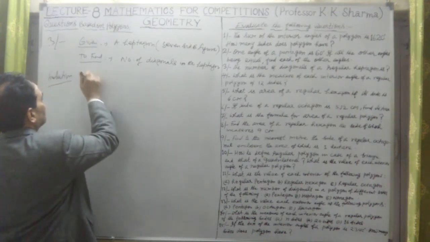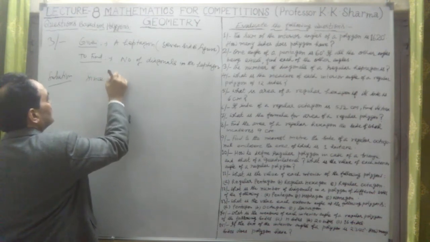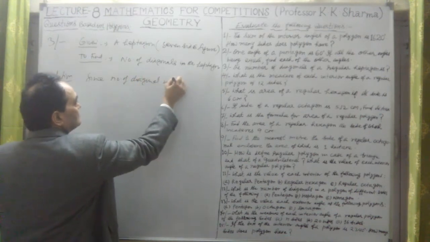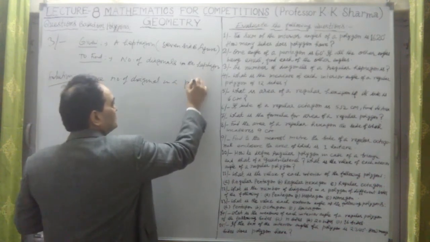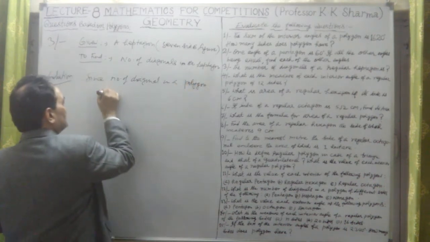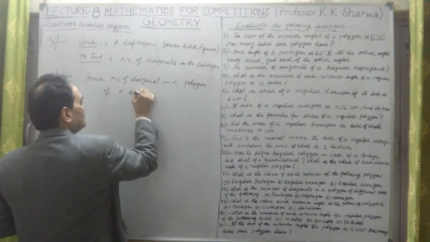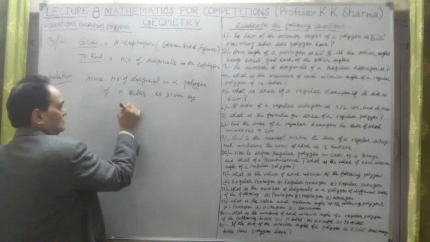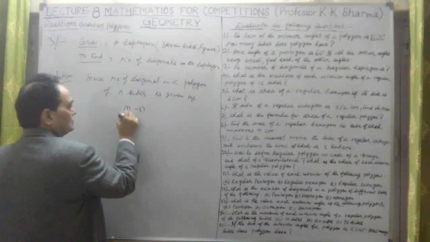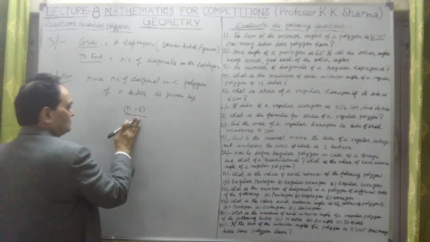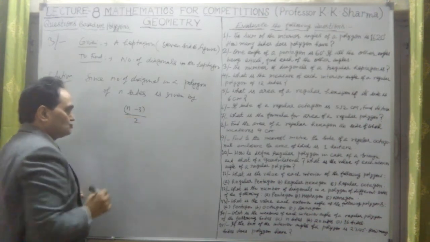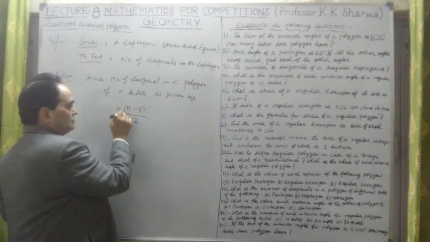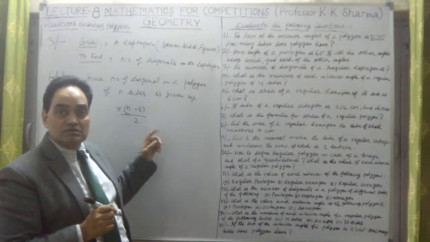So the number of diagonals in a polygon of n sides is given by the formula n into n minus 3, upon 2. This is the formula for finding the number of diagonals.